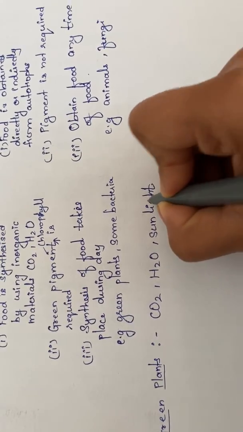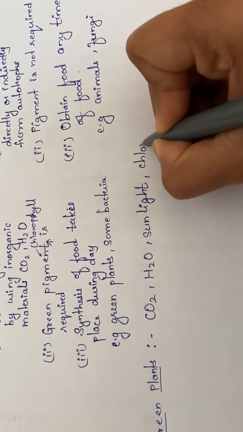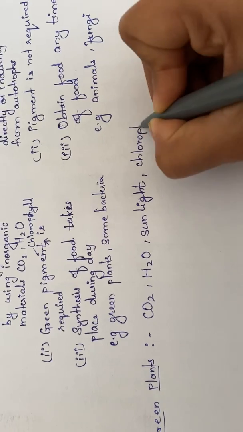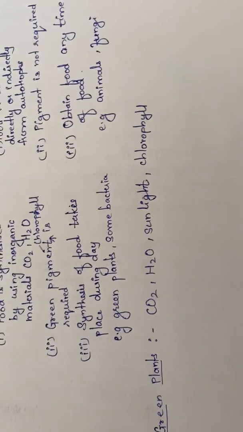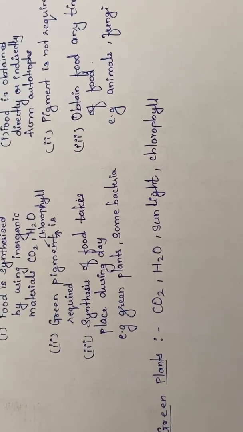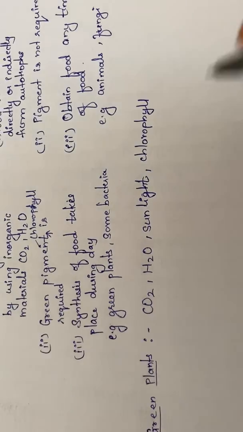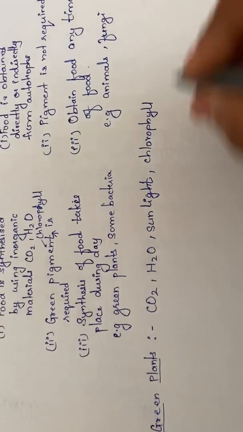This sunlight is trapped by pigments called chlorophyll, which are present on the leaves for trapping sunlight.